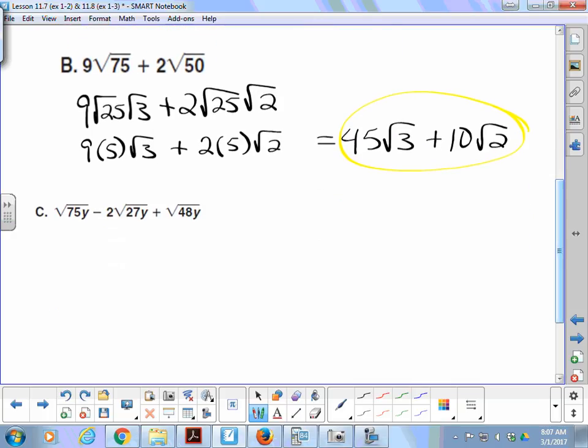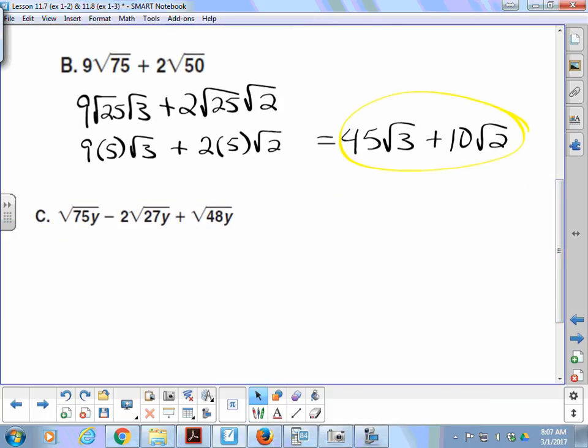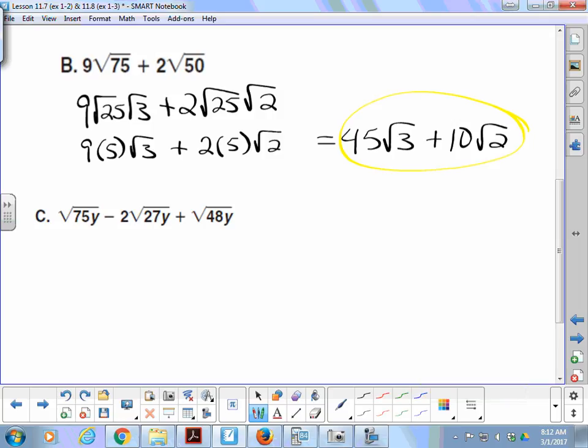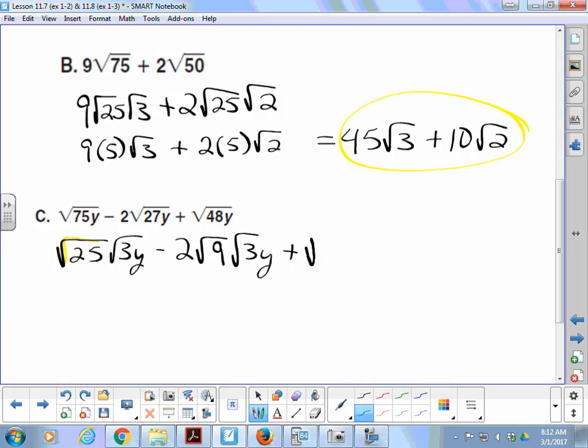All right, one more. Why don't you go ahead and work on this one. The y really in this case doesn't make a whole lot of difference. We're still going to do everything the same. Square root of 25, and then the y is going to stay with that other number. Minus 2 times square root of 9, square root of 3y, plus square root of 16, square root of 3y.